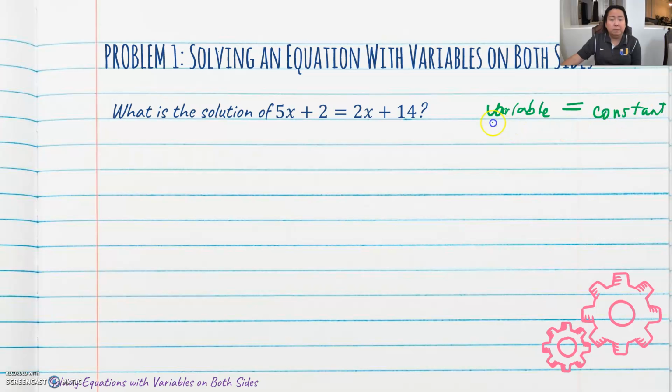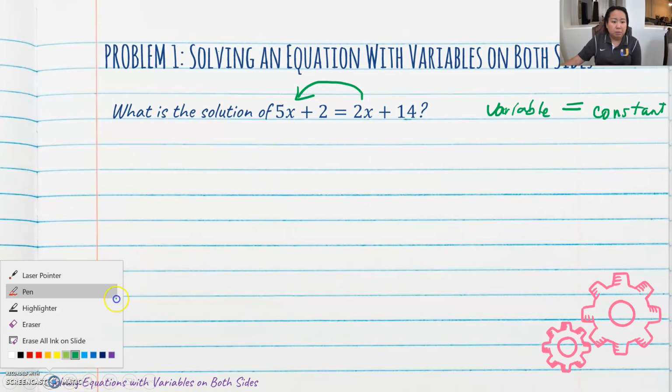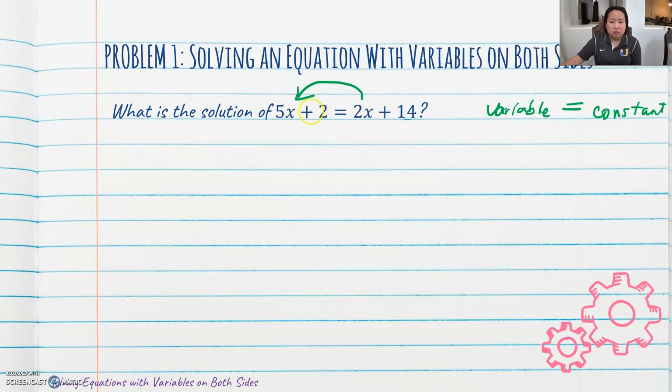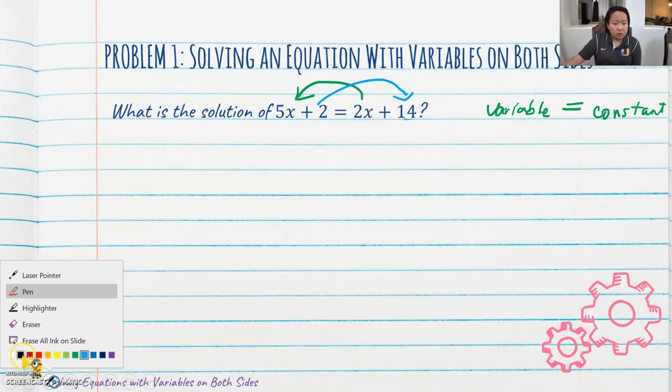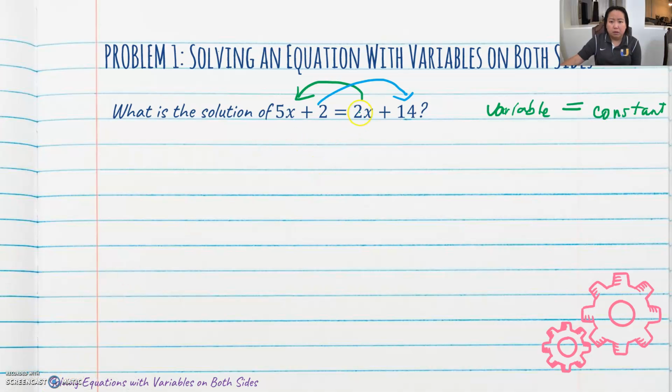So in this case, we would like to transfer positive 2x to the other side, while the positive 2 needs to go to the other side of the equation. So how are we going to do that? There are several techniques that you can remember here.